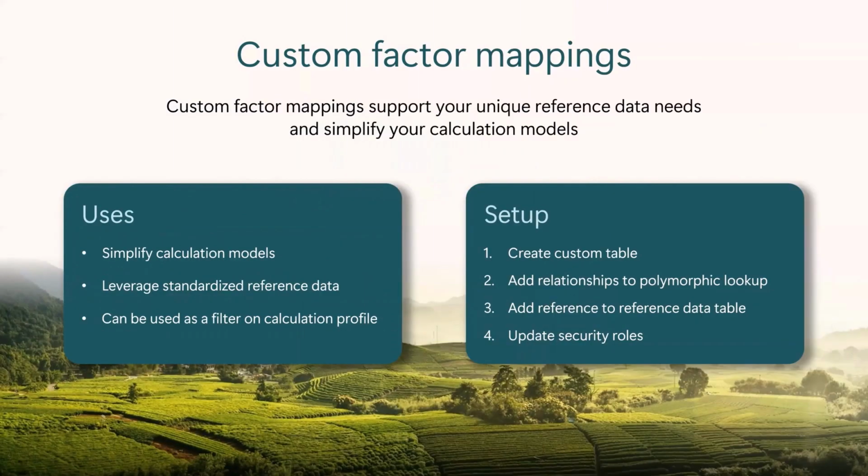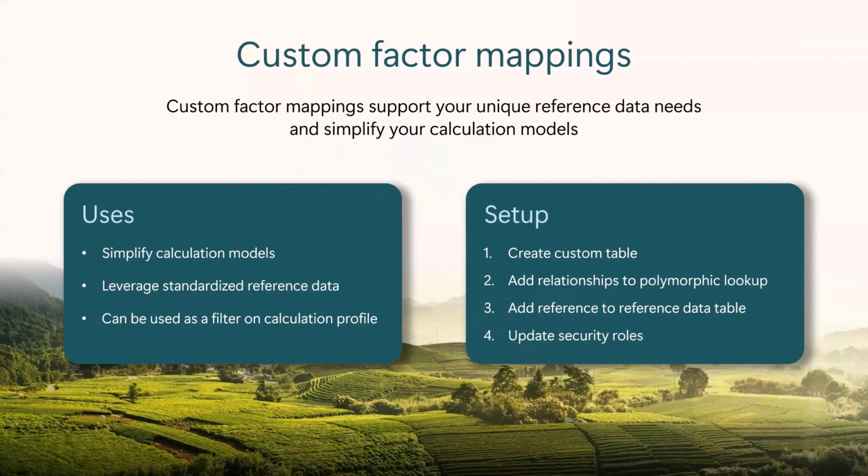To correctly calculate emission factors based on reference data, such as fuel types or facility, Sustainability Manager uses factor mappings to simplify calculation models and ensure the correct emission factor is applied for emission reporting. Custom factor mappings are extensibility options to factor mappings. Custom factor mappings support your unique reference data needs and simplify your calculation models beyond the out-of-the-box reference data.